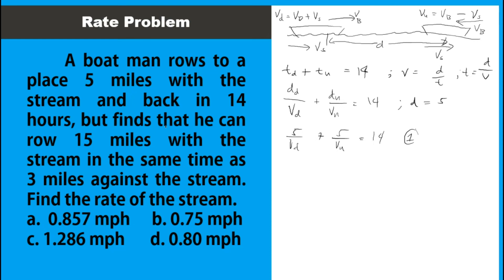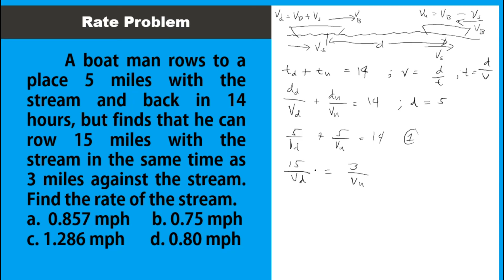For the second condition, he finds that he can row 15 miles with the stream, so that is downstream, in the time it takes to row 3 miles against the stream, so that is upstream.